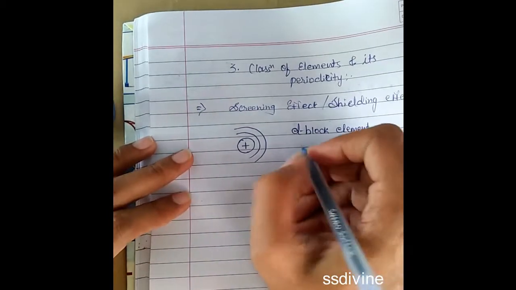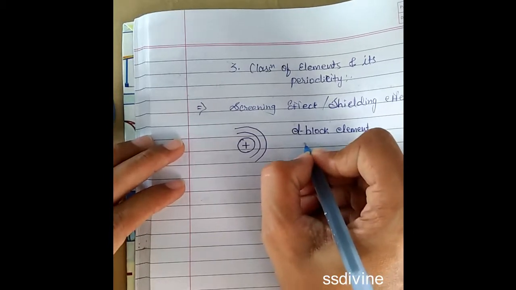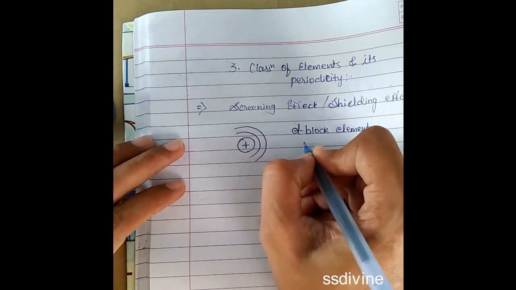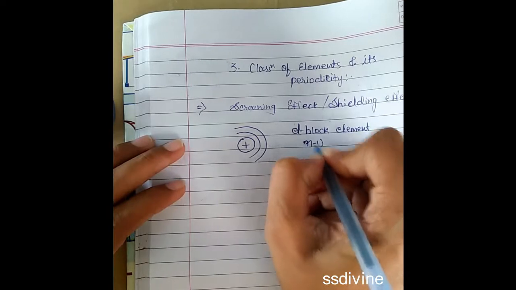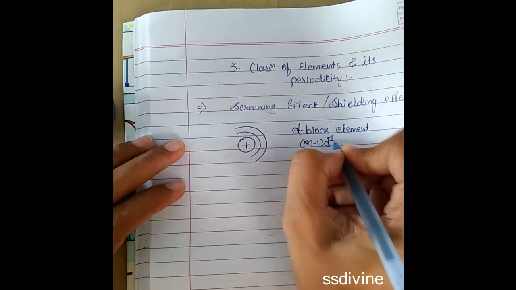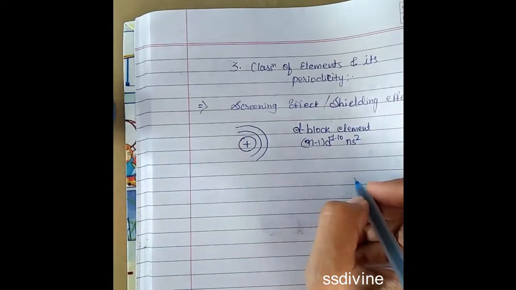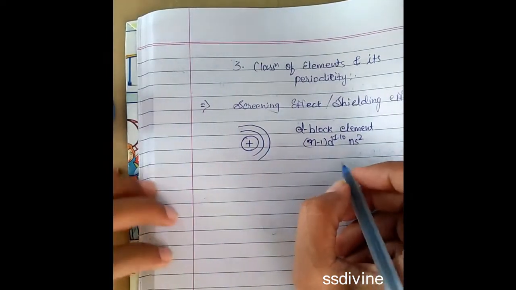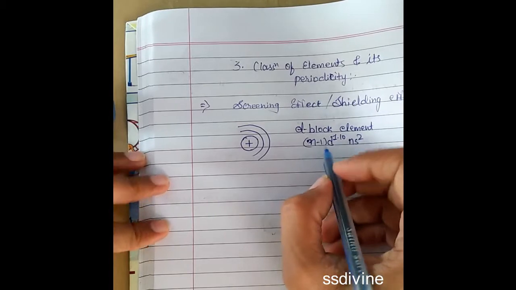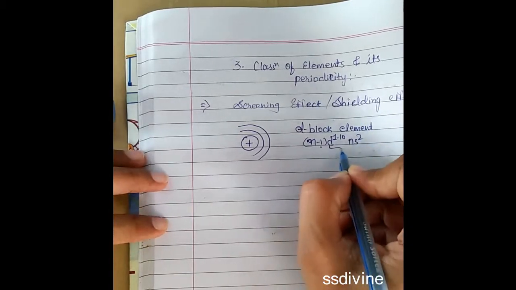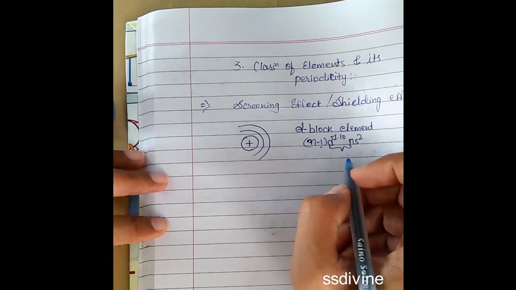So we know that the electronic configuration of D block element is (n-1)d 1 to 10 and ns2, right? I don't have to explain the electronic configuration of D block, which we have already learned in the previous lecture.